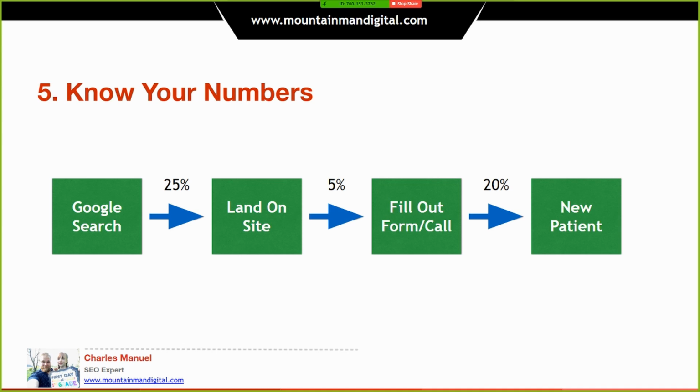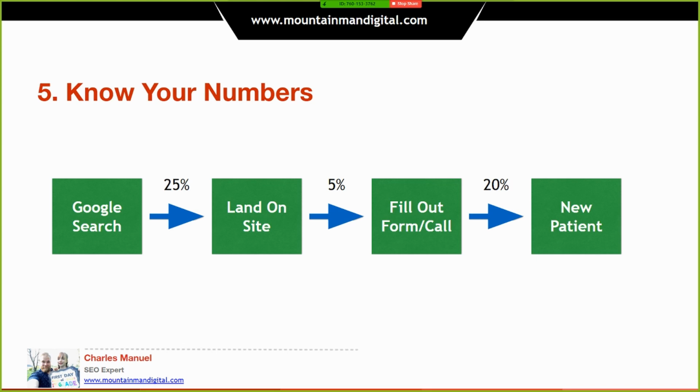What this allows you to do is truly measure how the website is performing. Because you can do 1 through 4. We can get your website super fast. We can get everything set up. We can get all this killer content on there that we spend hours and hours on.